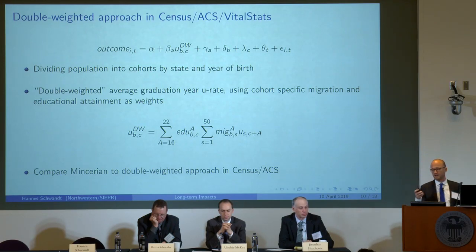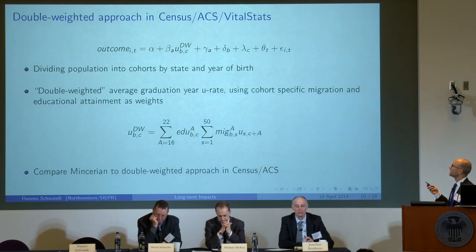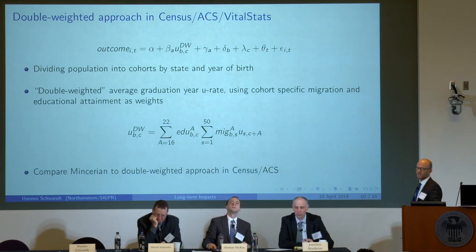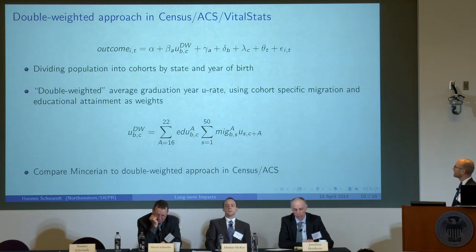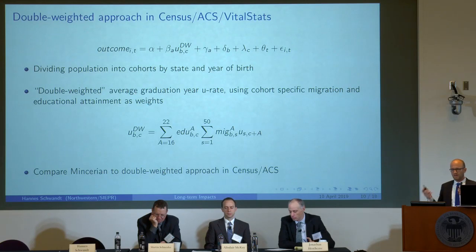In particular, in the vital statistics, we don't know education. In some years it's reported, but in general, reporting is quite bad when people are already dead, and it's often not even noted at all. And we can link the educational attainment just through their state and year of birth.